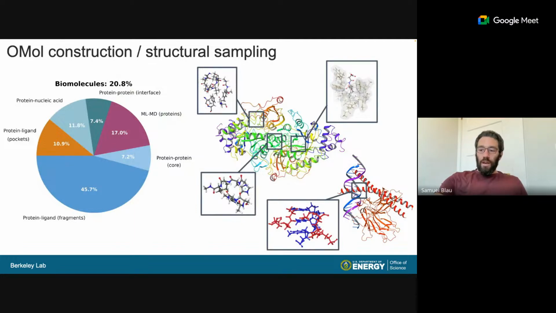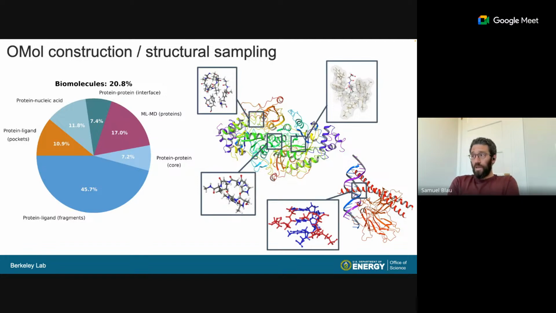So the first of the 3 areas that we focused on in building OMol was biomolecules. Obviously, I think we all know the importance of biomolecules, given that we are literally made of them. And we've known that machine learning has had great success and utility for biomolecular simulations and predictions, of course, with AlphaFold 2, the Nobel Prize winning AlphaFold 2 being the most notable example.